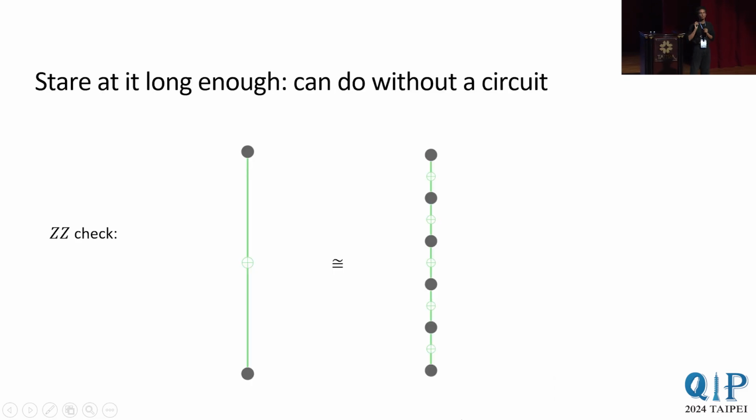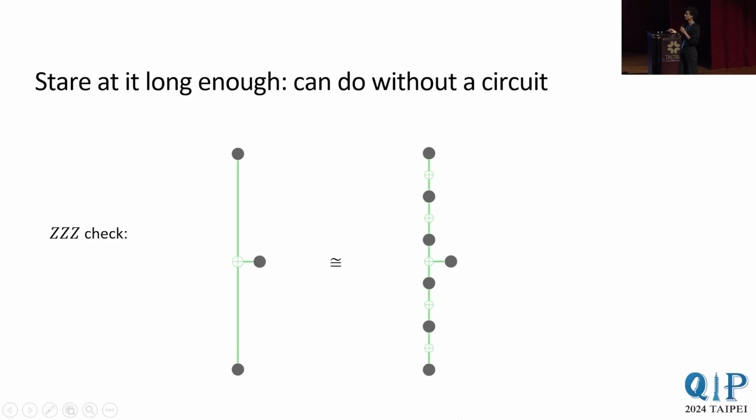Great. Now, if you look at this paper for a bit longer and you stare at it, you realize that you actually don't need a circuit. For example, if you have a long-range ZZ check between two faraway bits, you can simulate this check by simply implementing a repetition code between those two bits, and this is going to enforce your ZZ check as well. You can do the same with a three-body term.